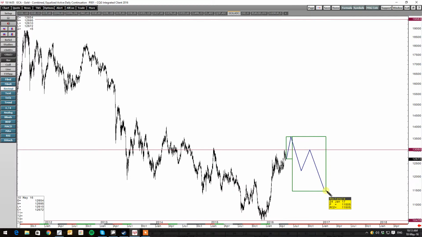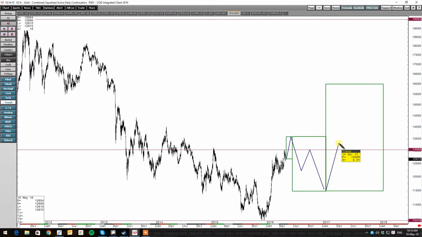So through most of 2017, I expect gold to rally possibly as high as 1,600 again. And it will probably do it something like this. So this is my forecast for gold going all the way to 1.5 years.